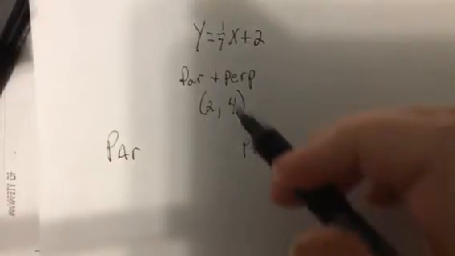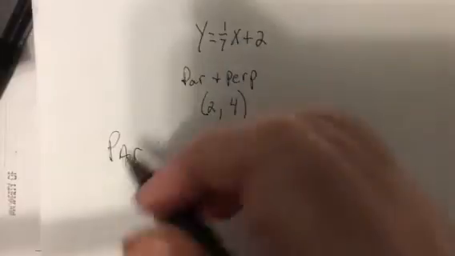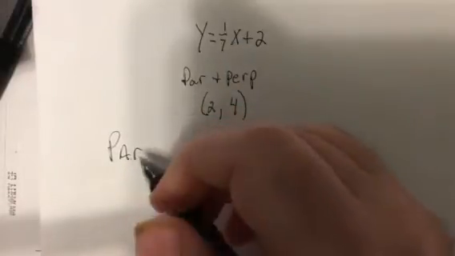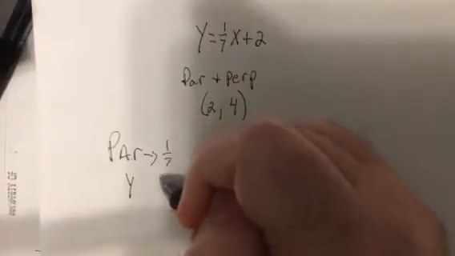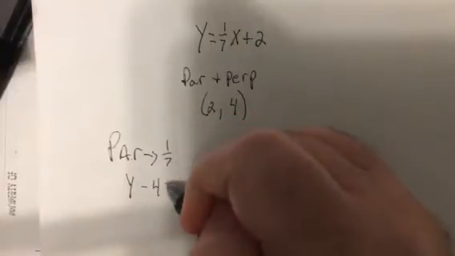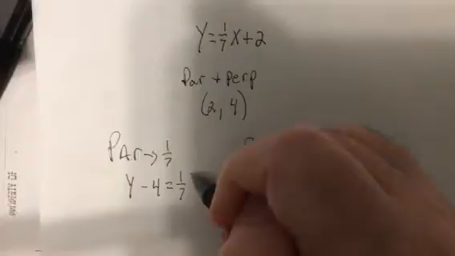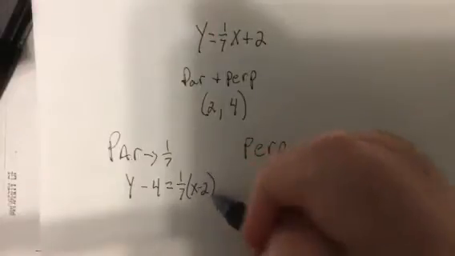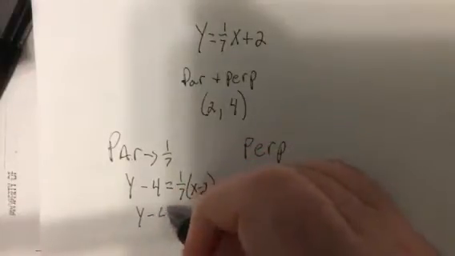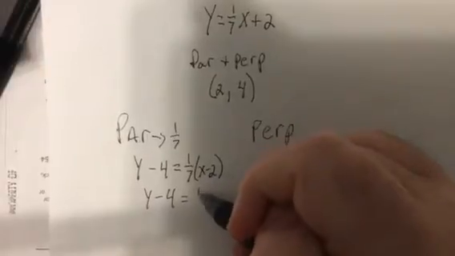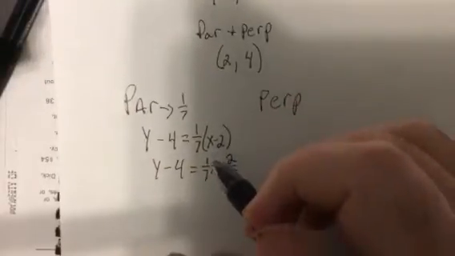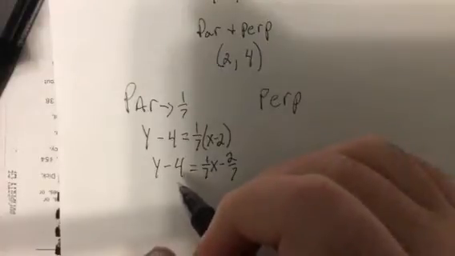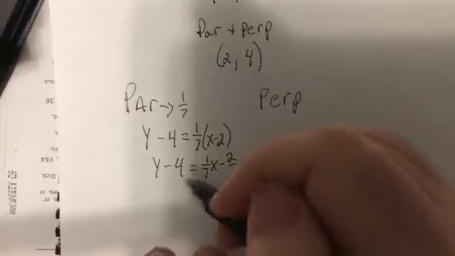Well, I hope you didn't have any problems. So the slope of this is 1/7, so the parallel slope is 1/7. So you go y minus 4 equals 1/7 times x minus 2. So y minus 4 equals 1/7 x minus 2/7. Okay, add 4.